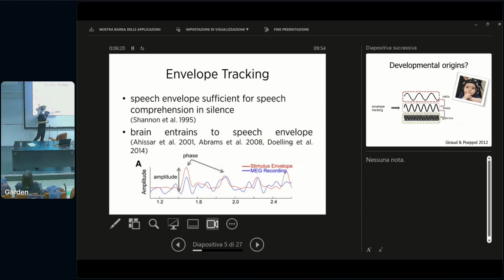So what you see in red is the envelope of a sentence, and in blue, an MEG recording of a response to that same sentence. And you see that the two are nicely aligned, right?